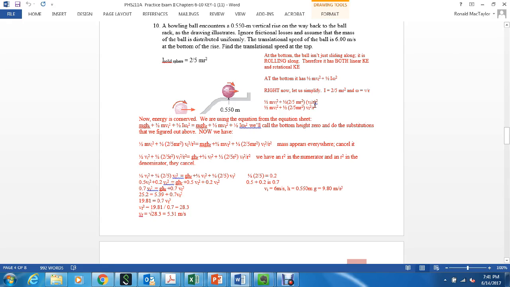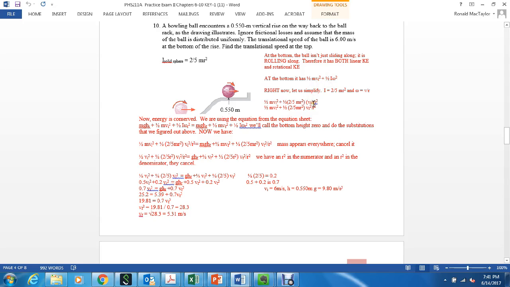The other substitution that I did there to go from linear kinetic energy plus rotational kinetic energy was plug in a value for the moment of inertia. They told us that the moment of inertia for a solid sphere is 2/5 mr squared, so I plugged that in. So I have 1/2 mv squared, that's something I knew already, plus 1/2 times 2/5 mr squared, that's 1/2 times I, times omega squared.